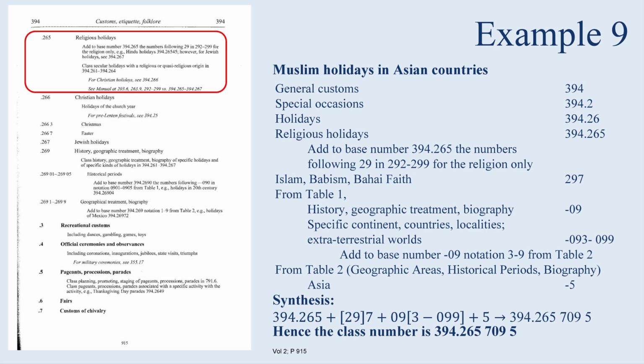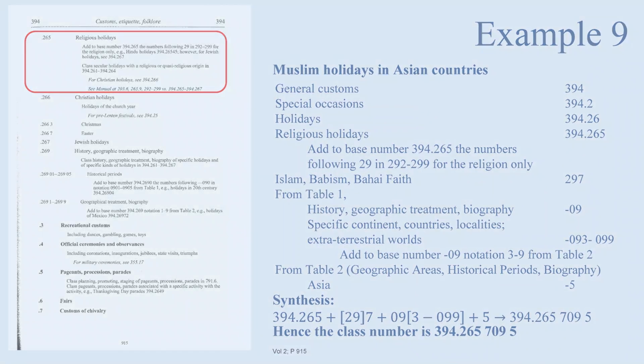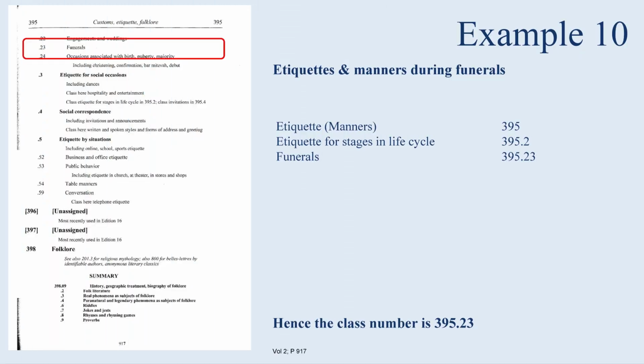Therefore, the number will be 394.265 for religious holiday, then 7 for Muslim. So the number we have found is for Muslim religious holiday, and then we have to add the area notation with the help of Table 1 and Table 2, that is 095 for the Asian countries. So finally the number will be 394.2657095.